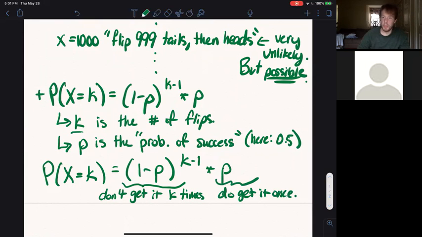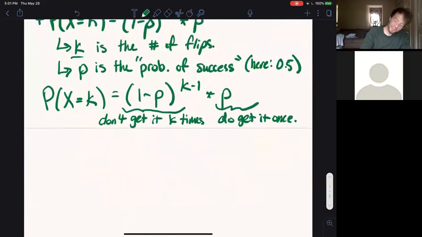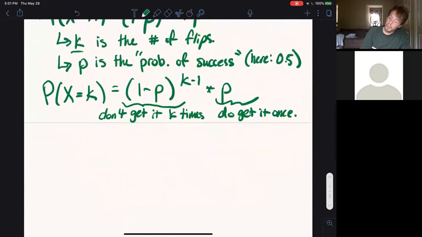That's the intuition behind this formula, and it's the formula for calculating probabilities in a geometric distribution. So, okay, we have our distribution. Let's use it on this problem.